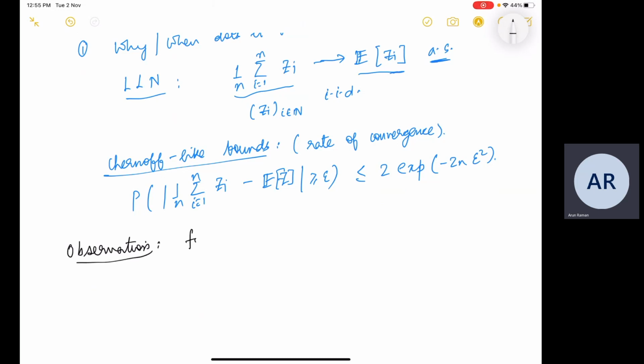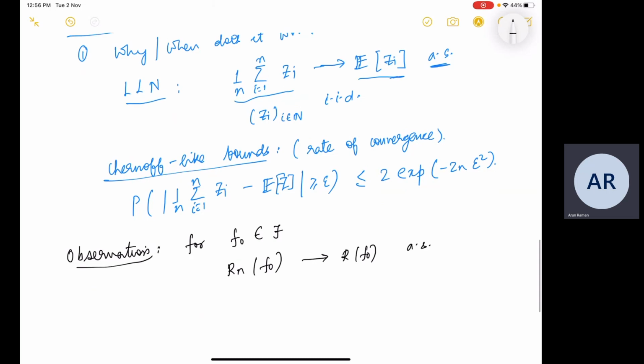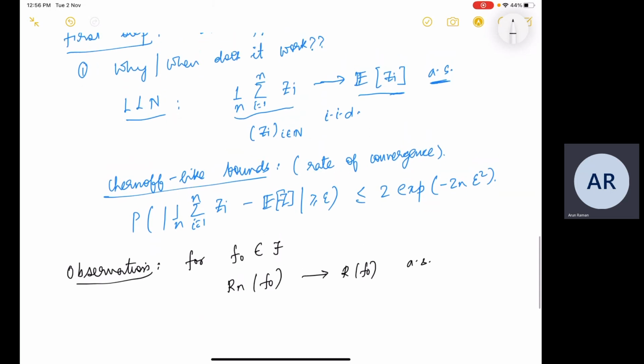that for a function f naught in the function class F, we have Rn of f naught converges to R of f naught. You can think about this.